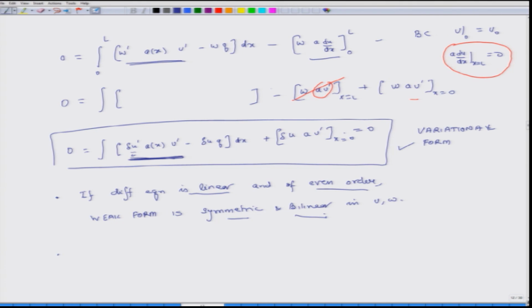So we have said that the differential equation is linear and of even order, and the weak form is symmetric and bilinear.